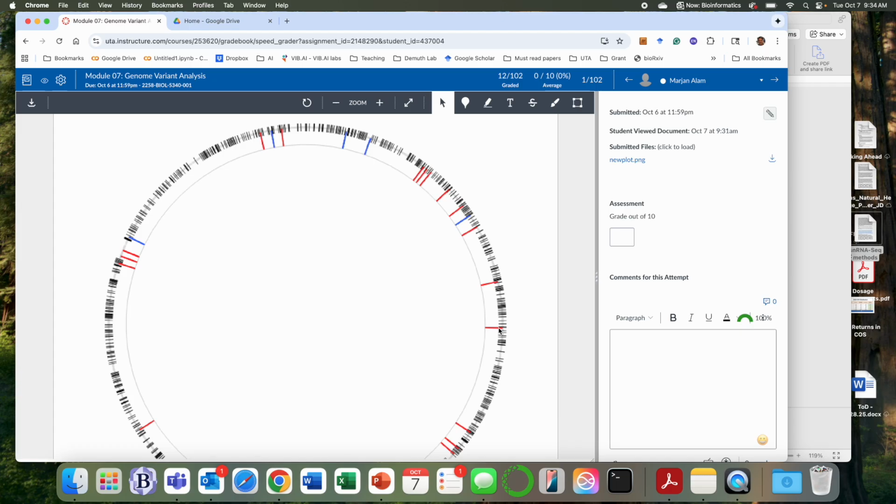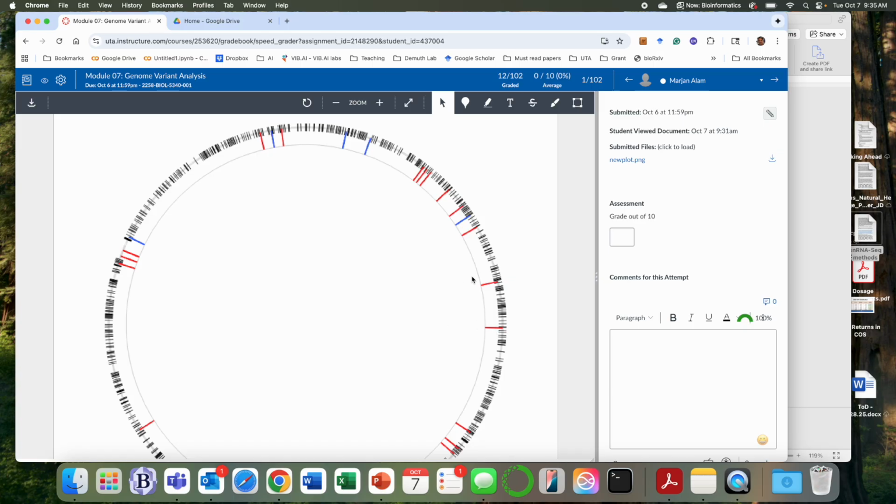What's the color difference mean? Red is coding, blue is non-coding. Yeah, good. So the red ones, if you zoomed in, and you can't do it on the static image, but the Plotly thing that the Colab notebook actually produced allowed you to zoom in so that you could see which gene those hit.